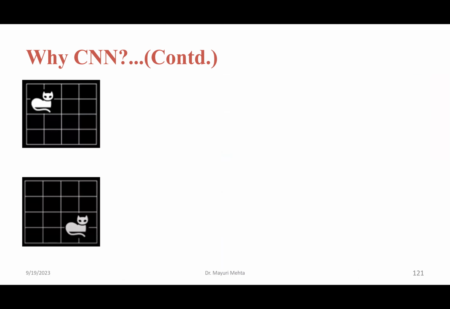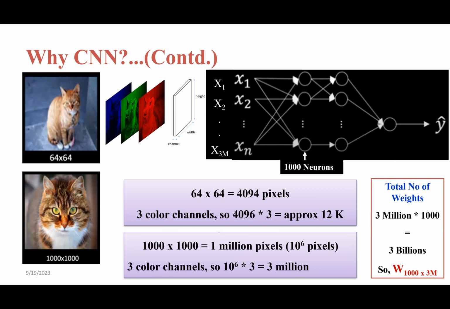Now the point is how CNN helps us reduce this huge amount of computation involved in our normal feed forward neural network. We will discuss this with an example in the next class.